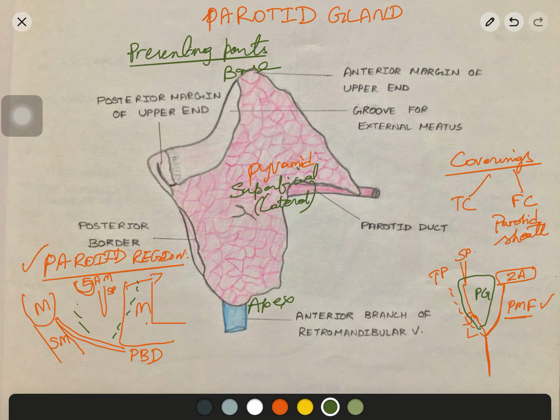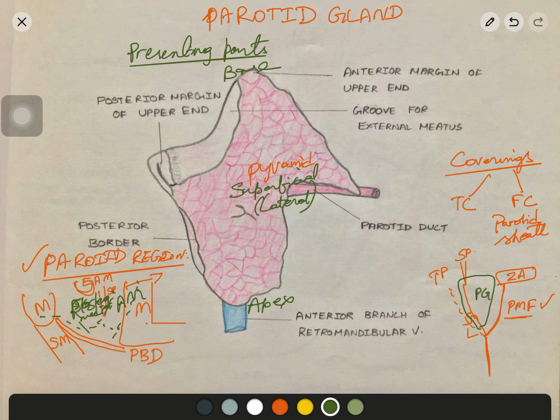So this part which is related to the mastoid process will be the anteromedial surface. The part which is related to the mastoid process and styloid process will be the posteromedial surface. So this is the anteromedial surface and this is the posteromedial surface.